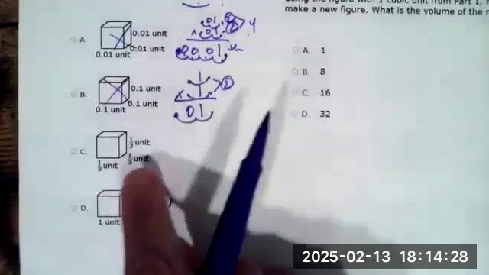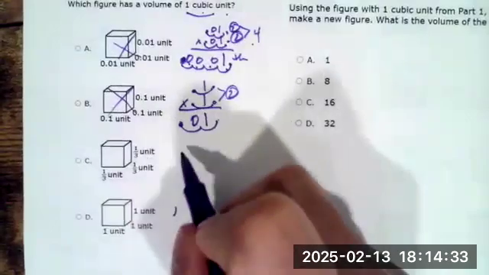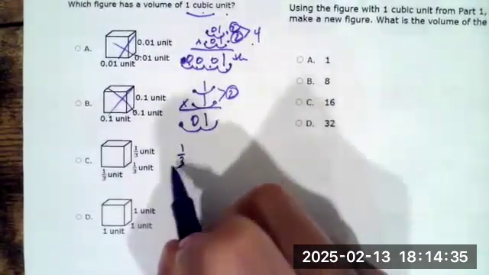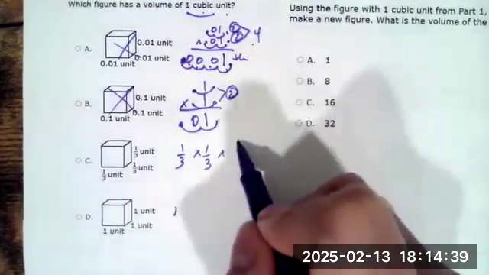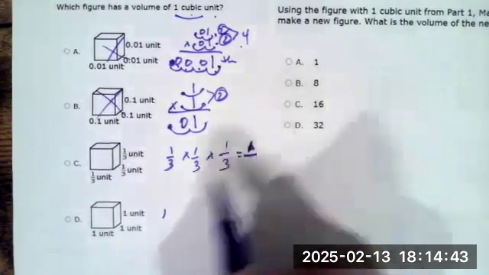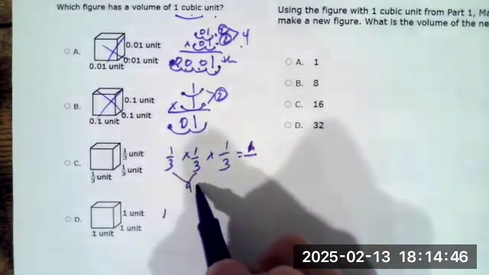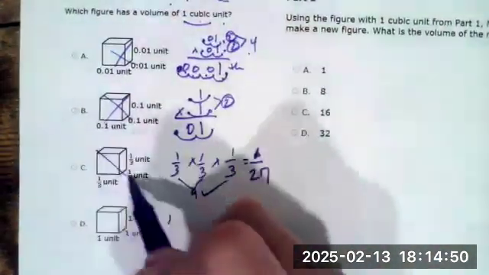It's not this one. And then I'm going to multiply the volume here. Remember, length times width times height. So this is the length, 1/3, this is the width, 1/3, and the height, 1/3. So 1 times 1 times 1 is 1. And then 3 times 3 is 9, times 3 is 27. So 1/27, definitely not 1.